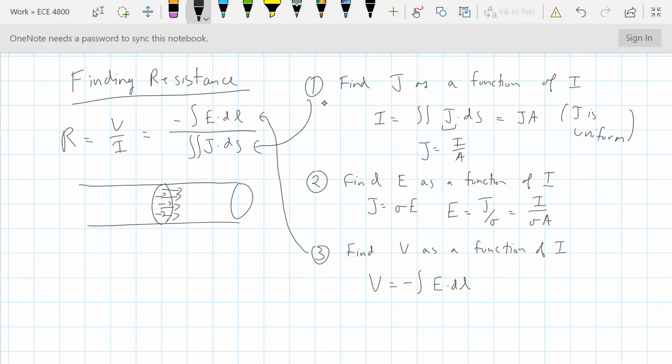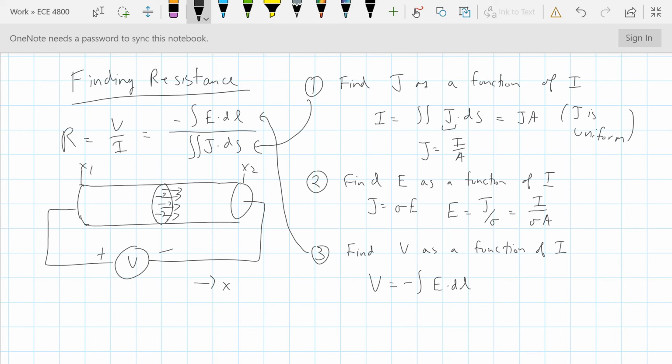Remember, we put our voltage source on here like this. This was the positive side, and this was the negative side. This is x2, and this was x1. So we set up our x coordinate so that x goes in this direction, and y is in the other direction.